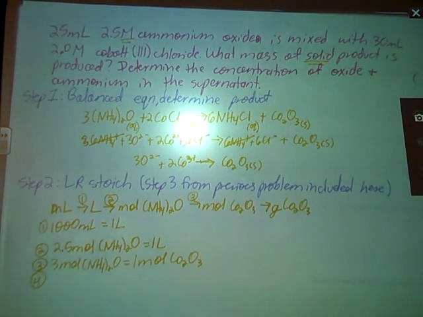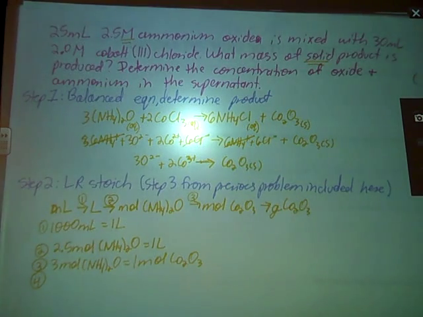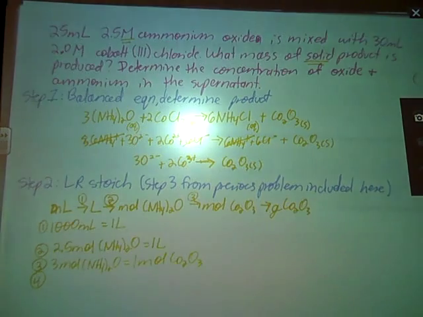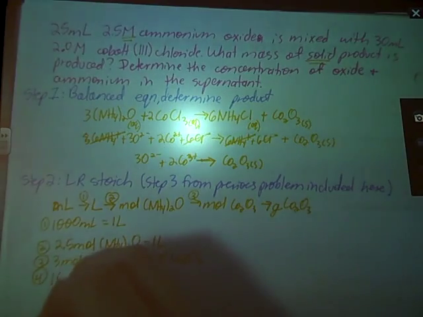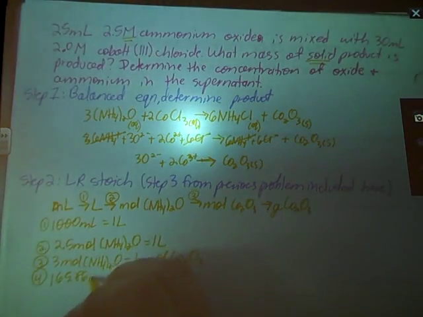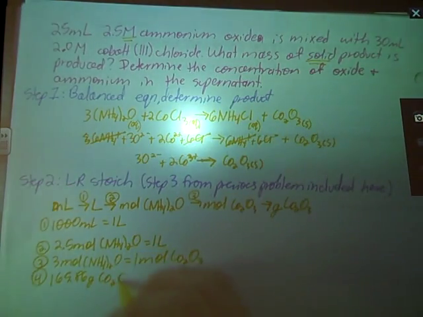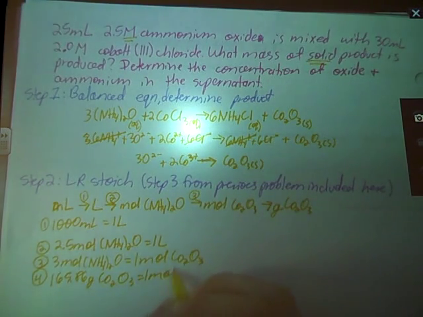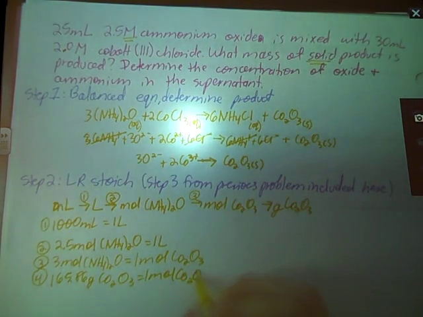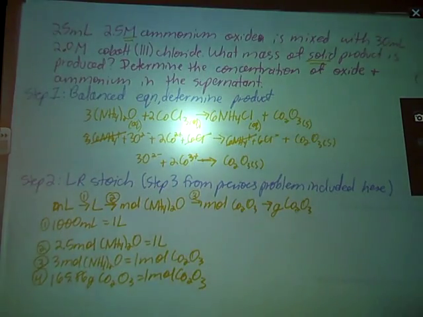Last arrow is going to be to convert from moles to grams. So that requires the formula mass. Let me grab my periodic table here. So I've got 2 cobalts and 3 oxygens. Gives me a formula mass of 165.86 grams per mole of cobalt oxide. All right, all of my conversion factors are ready.